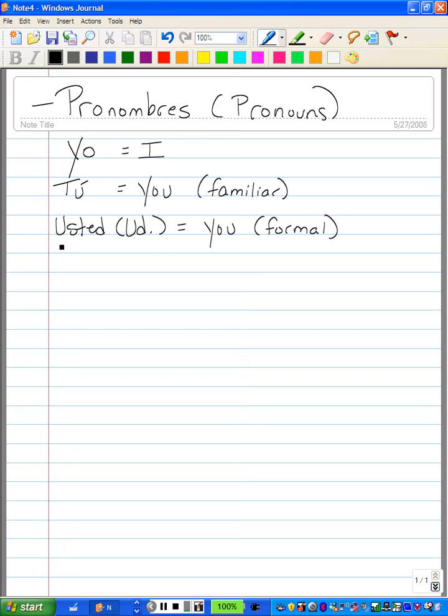And you would use the word usted when you're talking to someone who's older than you are, someone that you want to show more respect to, maybe a clergyman, maybe a boss, maybe friends of your parents, grandparents, etc. Anyone that you would like to be more formal with, people you meet on the street, in business situations, I would use the word usted. Tú is reserved again for people that you're familiar with, family members, friends, neighbors, etc.